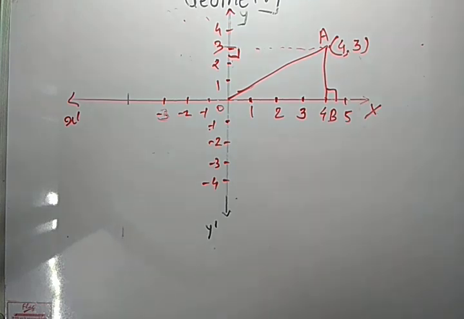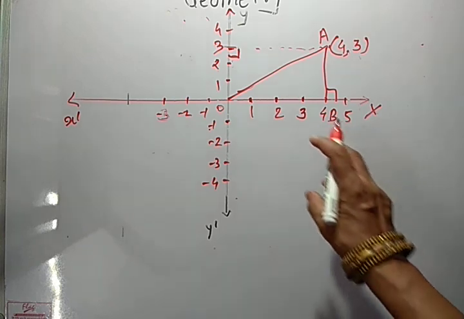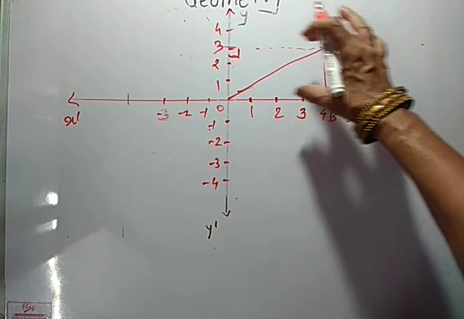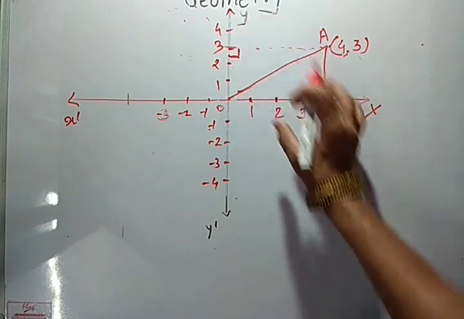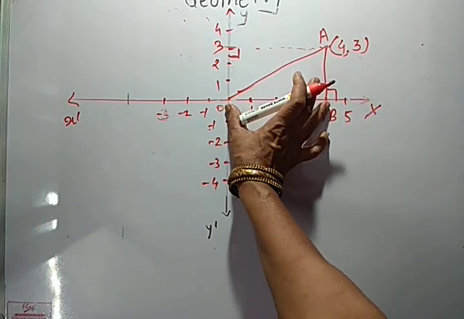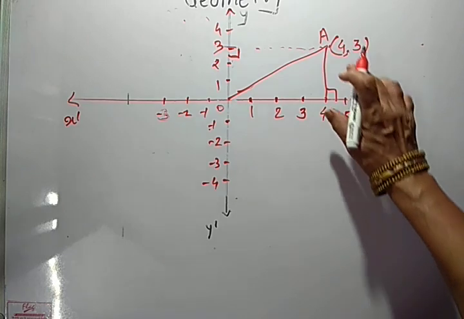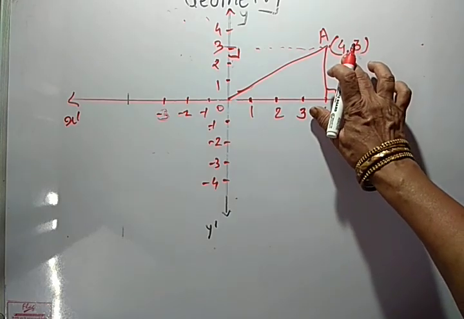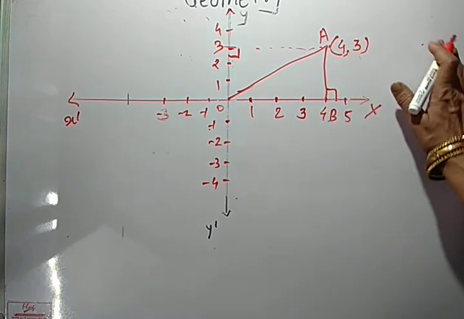Can you find OA? Yes, you can find. What is this distance? This distance is nothing but 3 units. And what is this distance? This distance is nothing but 4 units. 4 is the x coordinate and 3 is the y coordinate.